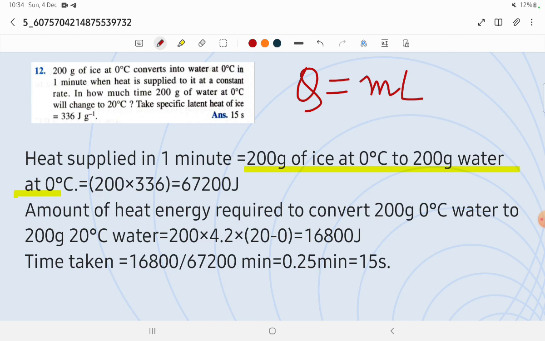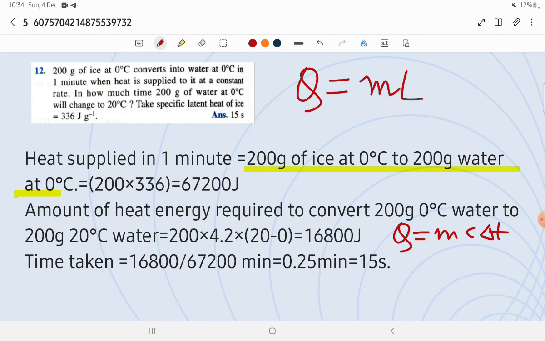Next, they are asking if this 200 gram of water at 0 degree centigrade will now be converted to 200 gram of water at 20 degree centigrade. So you just calculate the amount of heat energy required by using Q equals mc delta t. So just substitute the values.